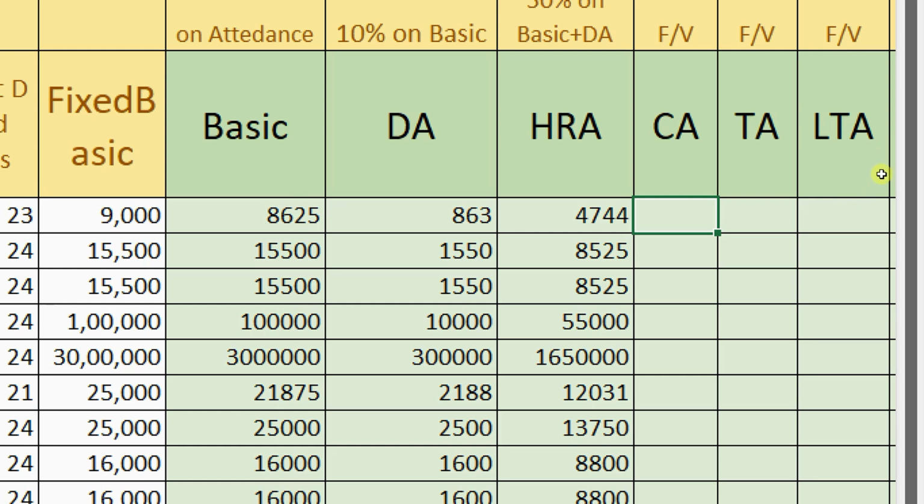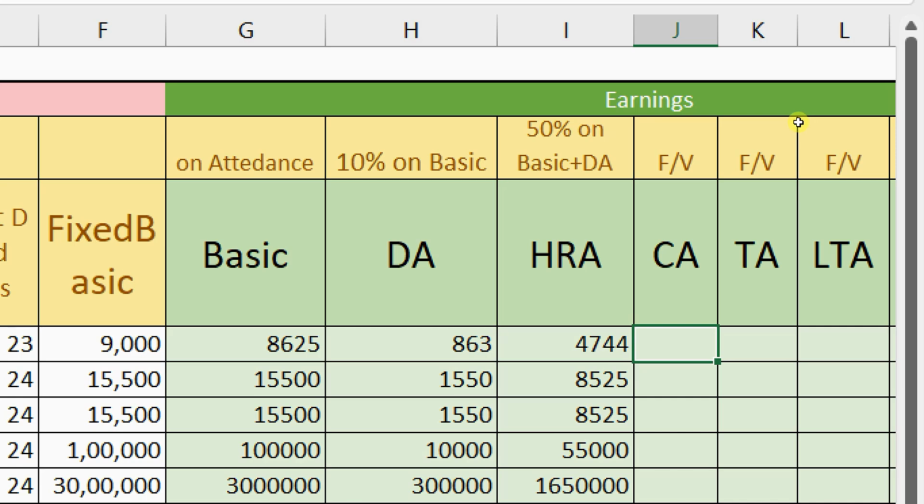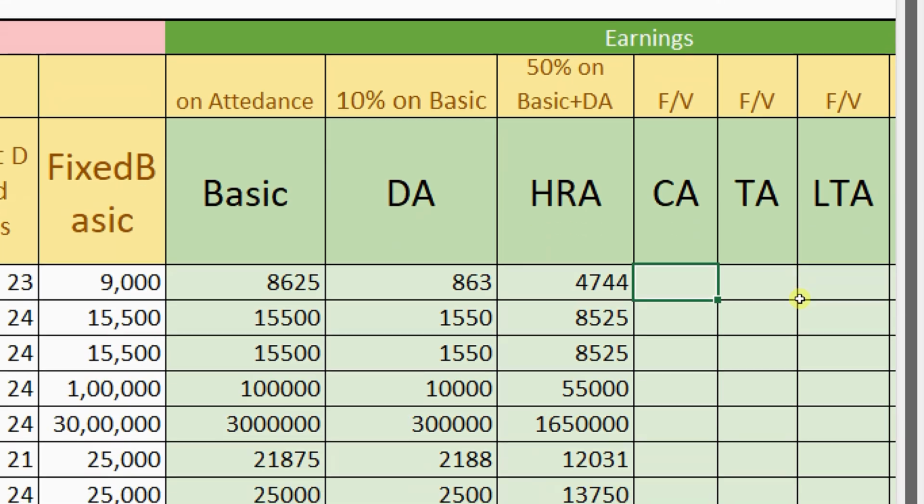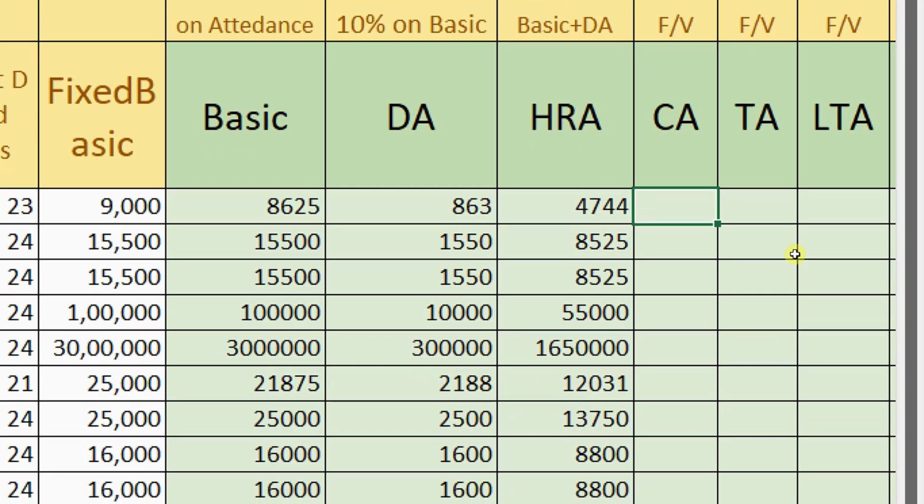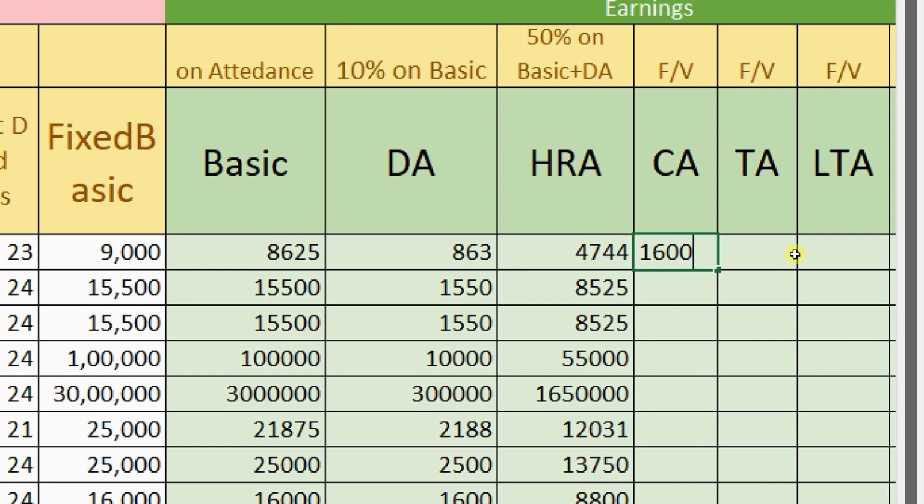Some companies provide metro tickets, some provide compensation for bus pass, bus tickets, petrol. So company to company it may be fixed, it may be variable. But as an employee, every month 1600 CA received from the employer is exempt.